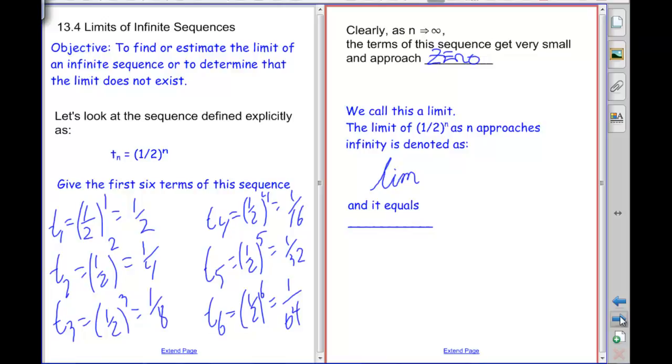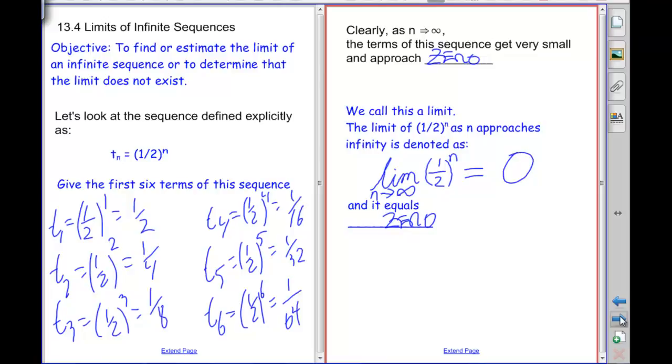Underneath the limit symbol, you write down what's going on with the index. The index n is approaching infinity. Then we put the nth term of the sequence, in this case 1/2 to the n. The limit as n goes to infinity of 1/2 to the n is equal to 0, as we said before.